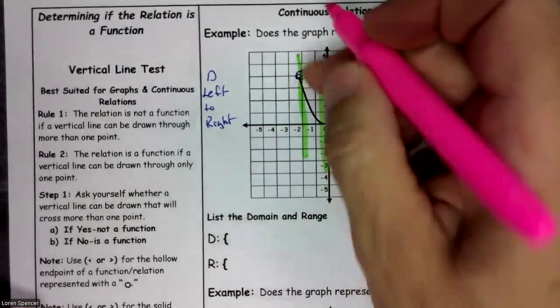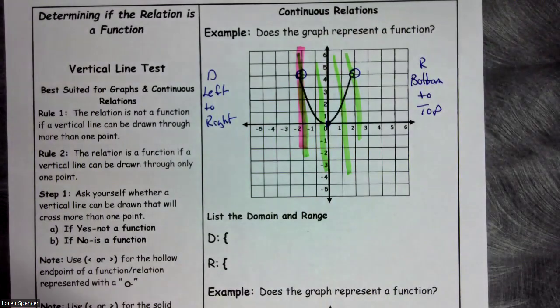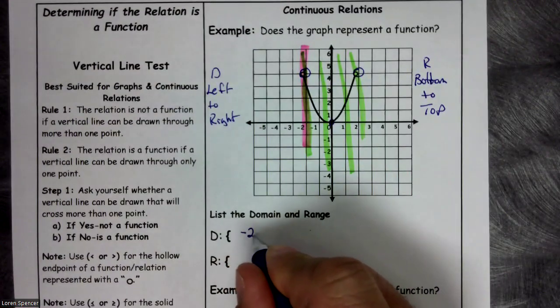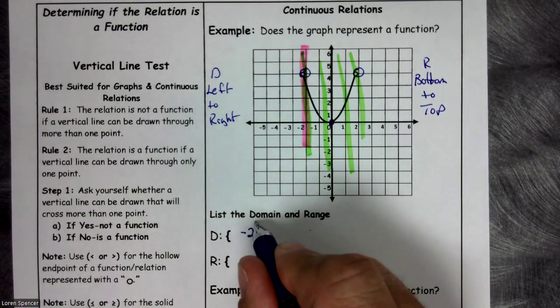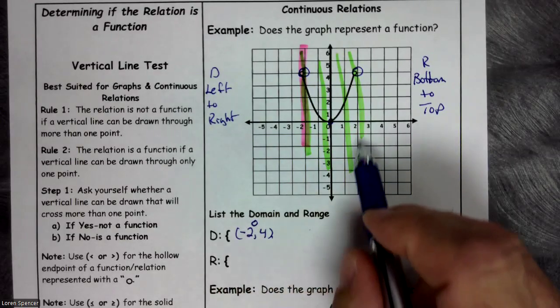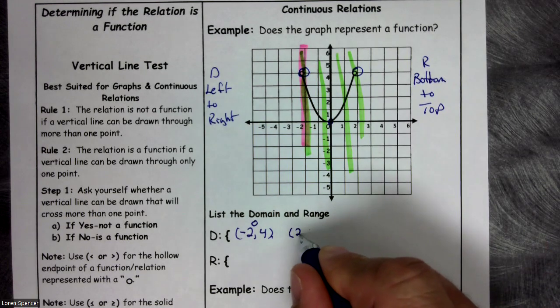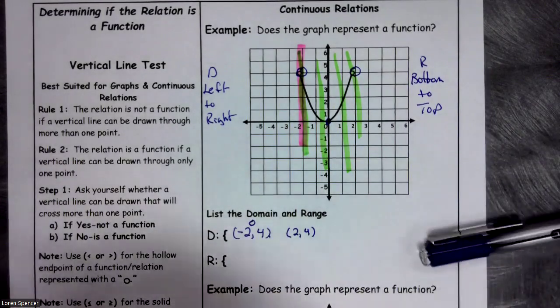Well, furthest to the left appears to be at negative 2, 4. So negative 2, 4 is furthest to the left, and it has a hollow. Furthest to the right is at positive 2, 4, and it also has a hollow.